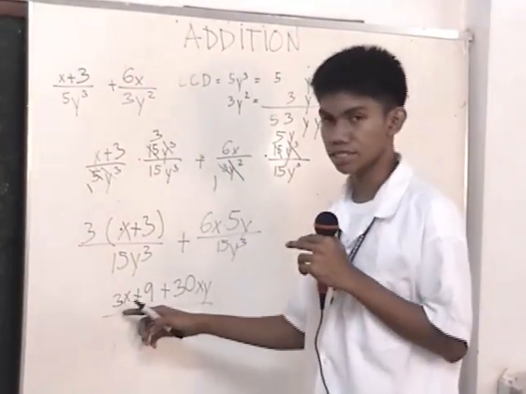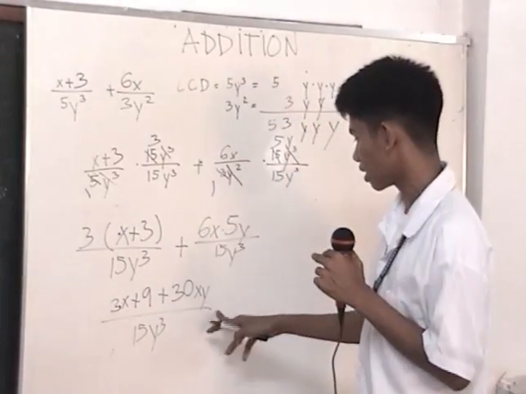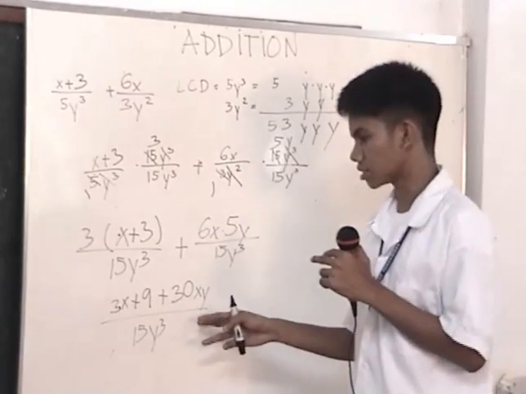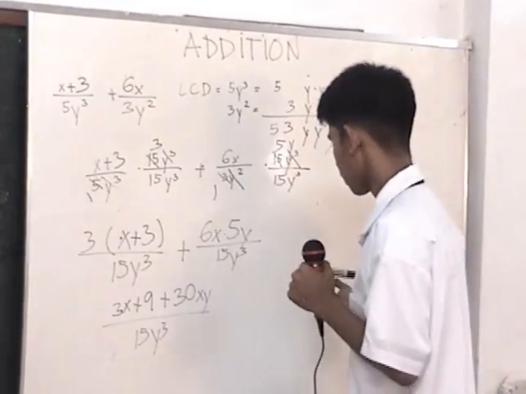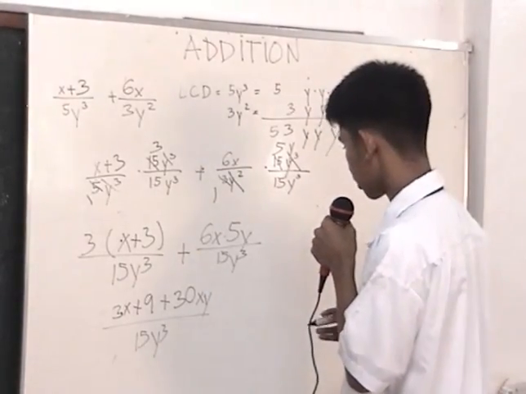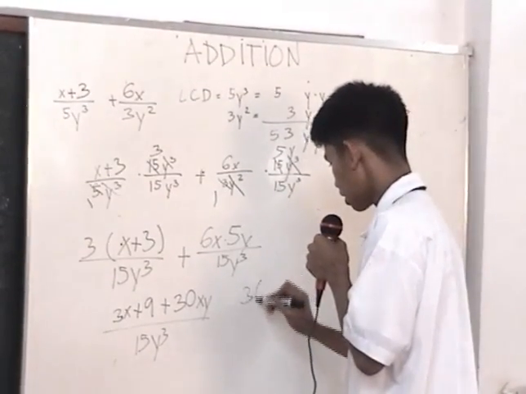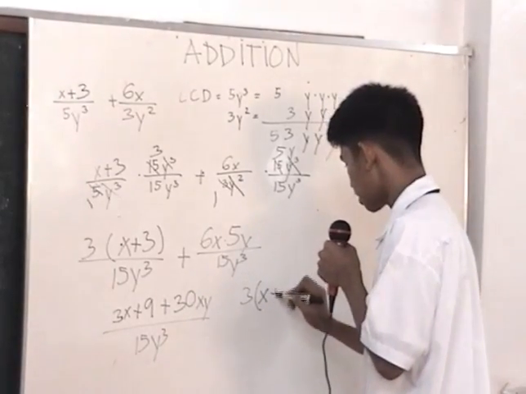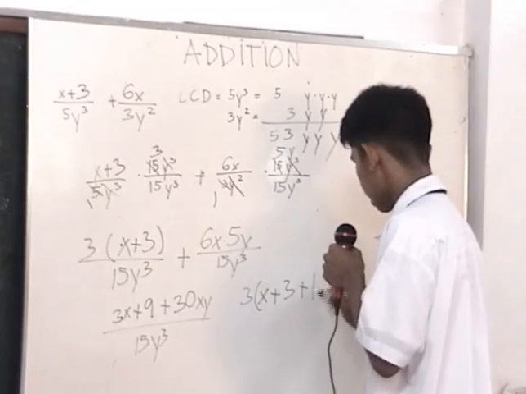We notice that this is not the simplest form of the expression. We get the root. The root of 3x plus 9 plus 30xy is equal to 3 times the quantity of x plus 3 plus 10xy.